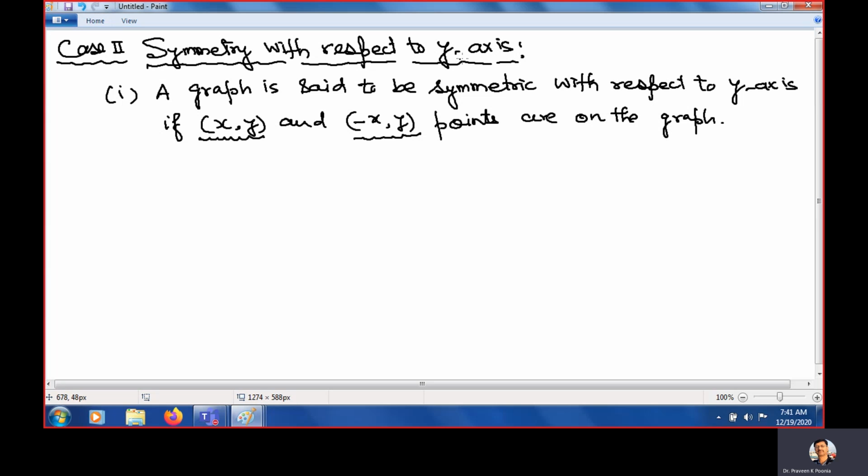That means for symmetry about the y-axis, we are changing x. Clear?